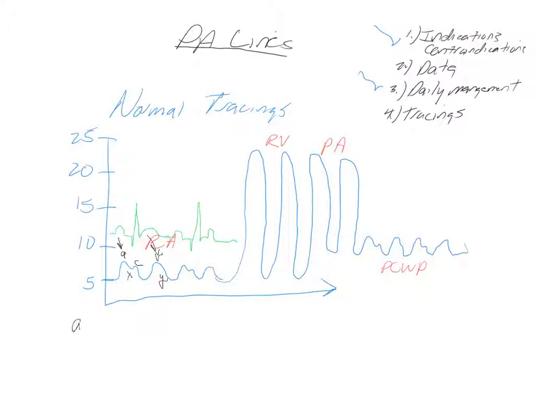We've already talked about how the A wave represents atrial contraction. The C wave, which may or may not be present, reflects the tricuspid valve closing and bowing into the atrium at the beginning of ventricular systole. And the V wave represents atrial filling.